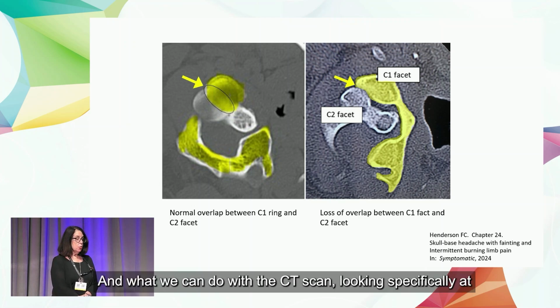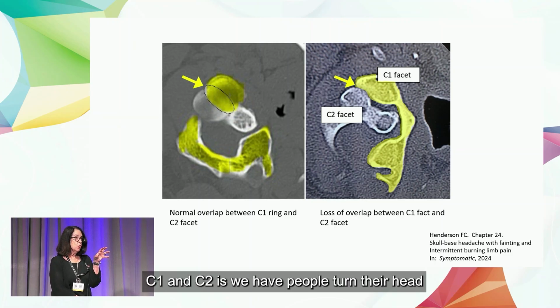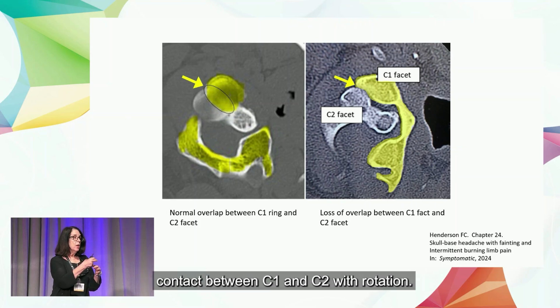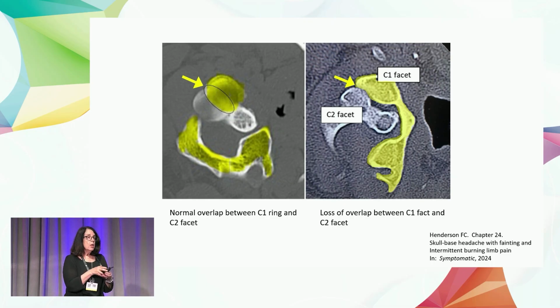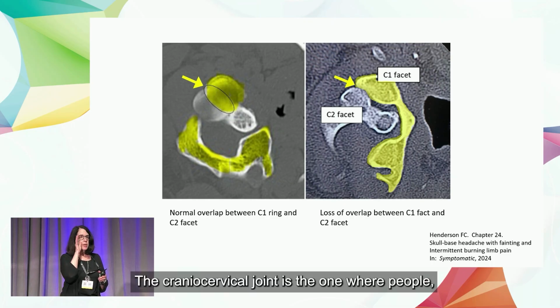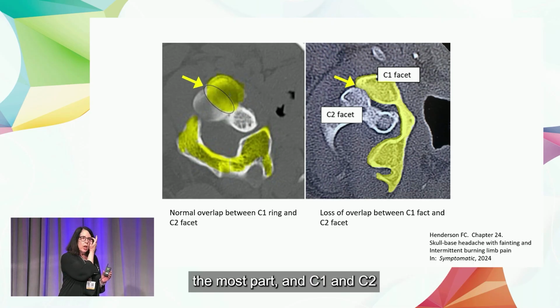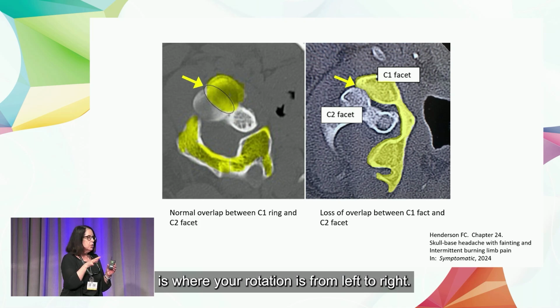And what we can do with the CT scan, looking specifically at C1 and C2, is we have people turn their head from left to right and see if there's a loss of the contact between C1 and C2 with rotation. The craniocervical joint is the one where you're moving your head forward and back for the most part, and C1 and C2 is where your rotation is from left to right.